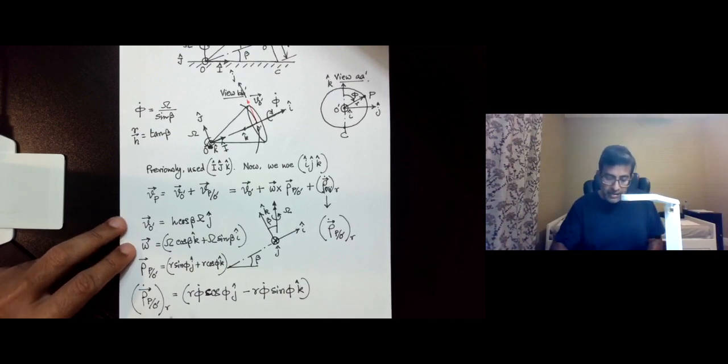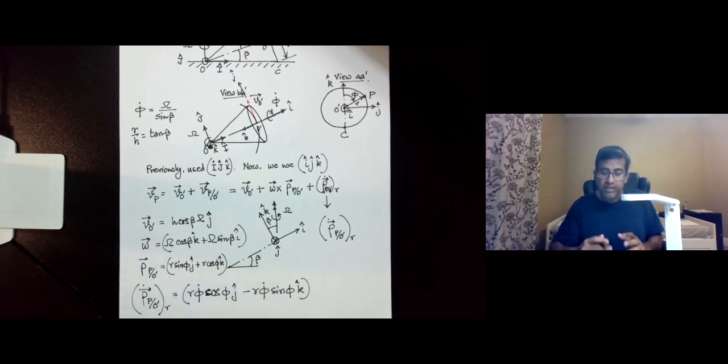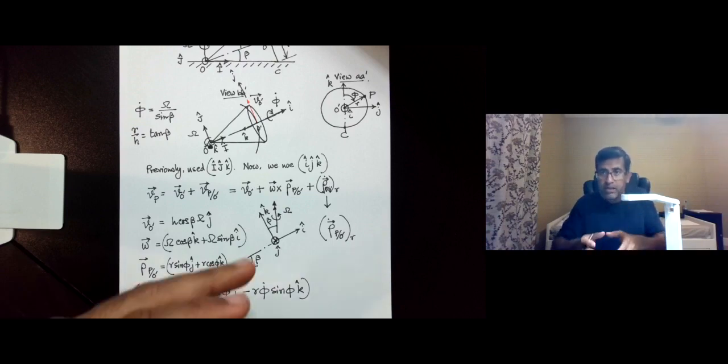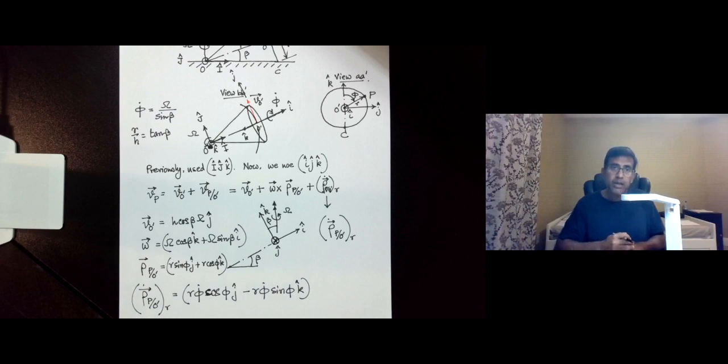And the important thing is that in this particular velocity calculation, I did not differentiate j, I did not differentiate k, although I have considered I, j and k as a rotating frame. I did not do that because by not taking the derivative of the unit vectors, I am isolating the velocity of p with respect to O prime within the rotating frame as perceived from inside the rotating frame.